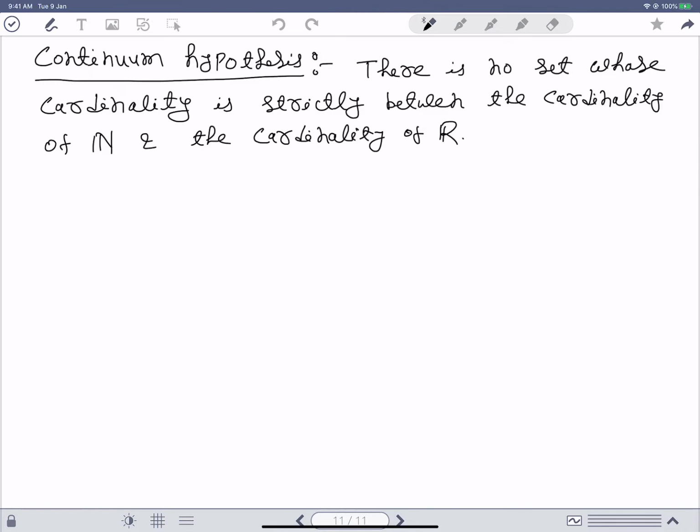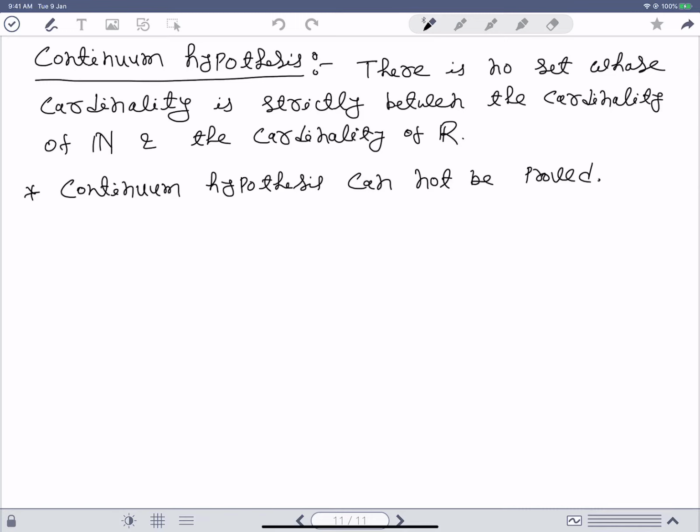Now what about the proof of this hypothesis? It is now known that the continuum hypothesis cannot be proved. And one also proved that this hypothesis cannot be disproved as well.